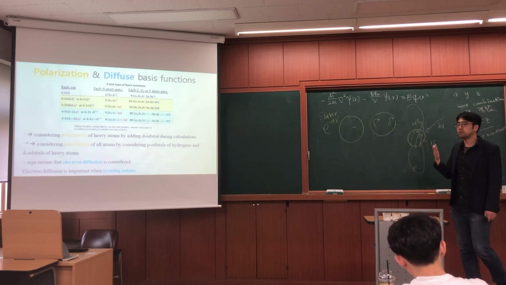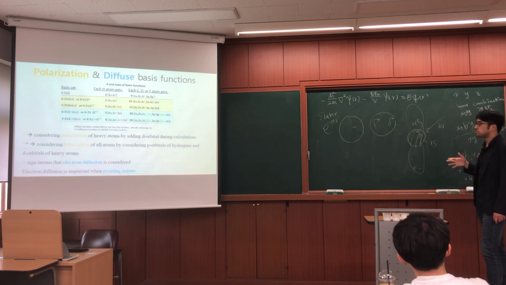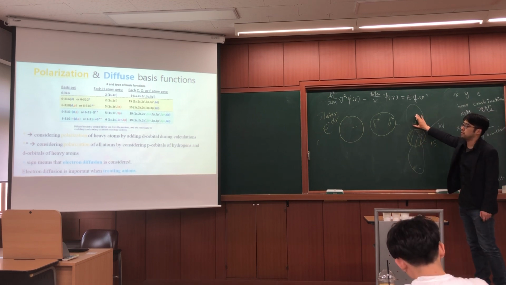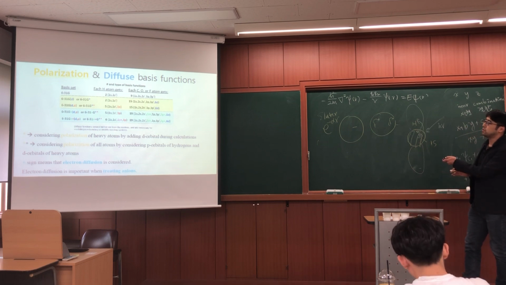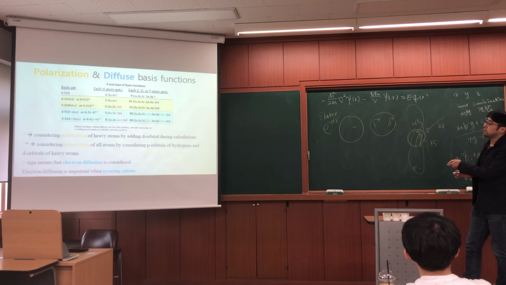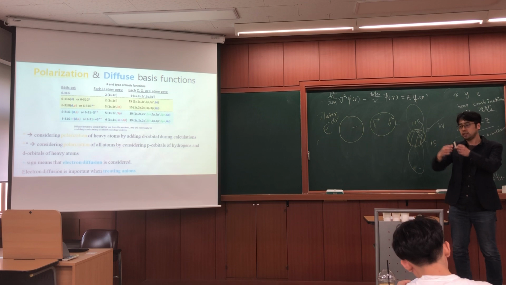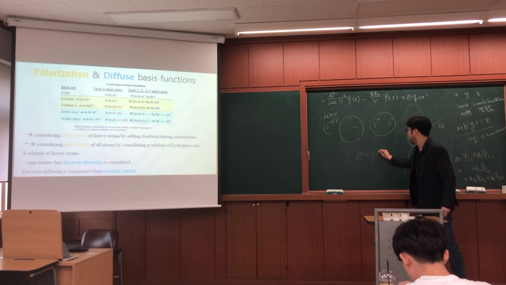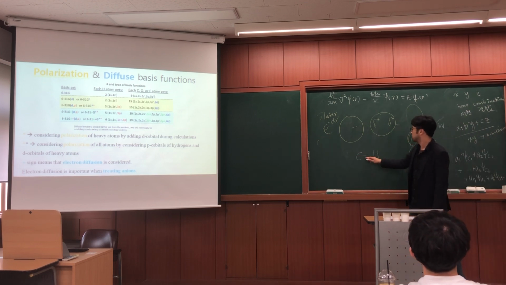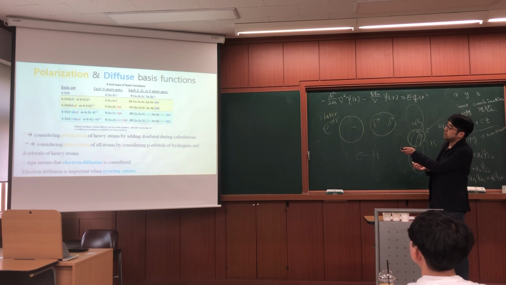In general, we don't have to consider the p orbitals of hydrogen, but sometimes you have to consider them during calculation. When? When hydrogen bonds are important, or when a CH bond is broken or formed. Then this kind of polarization is important.